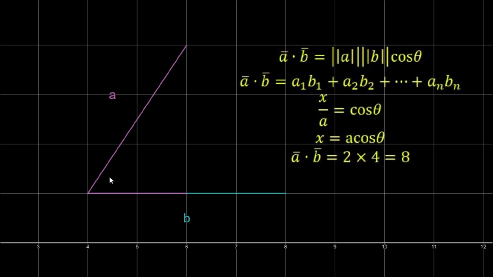So whenever we apply a force to a body, the only component of the force that does any work is in the direction of travel of the object. So if we had an object sitting here and it's travelling in this direction, and we apply a force at an angle, the only component of that force that matters is the component in the direction of travel, and we can get that from the dot product.